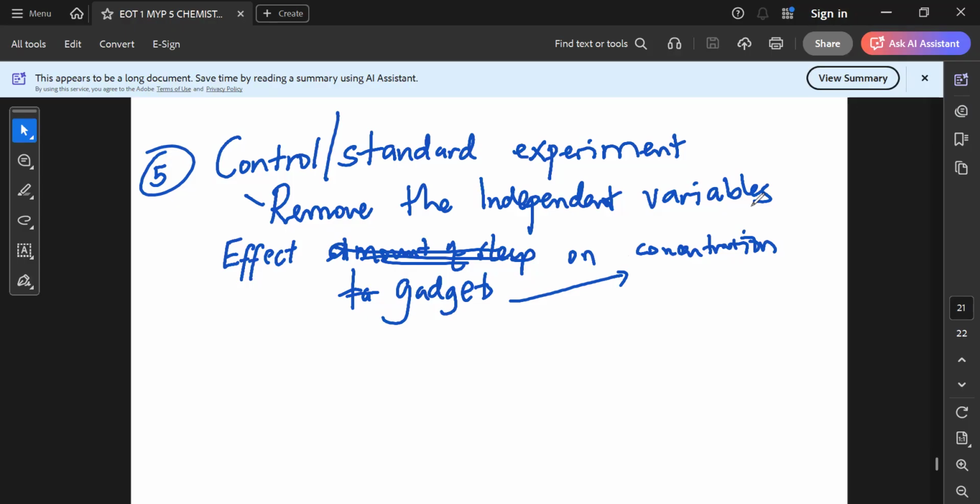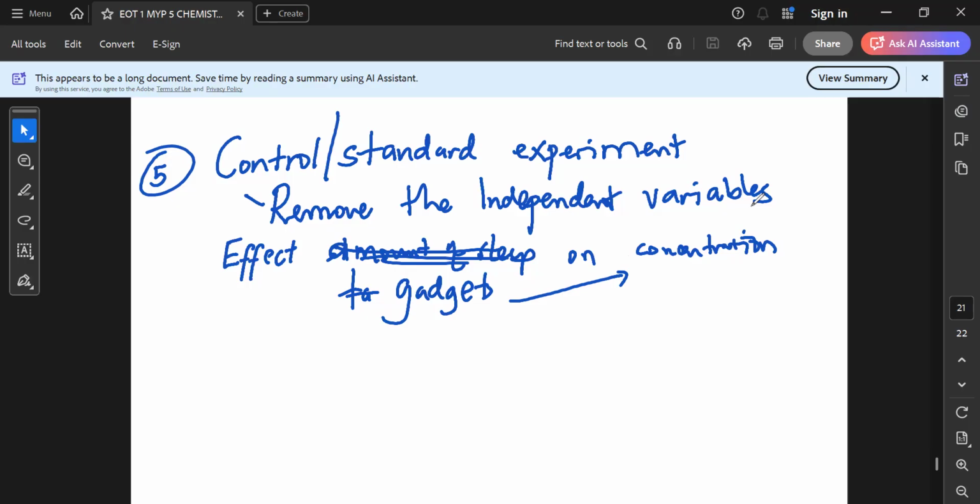All right. So, of course, it'll be varying how many hours someone spends on the gadgets vis-a-vis their concentration in class. So, for a control experiment, you still measure the concentration, but you don't give that person the gadget.